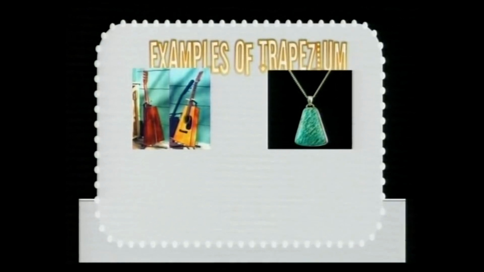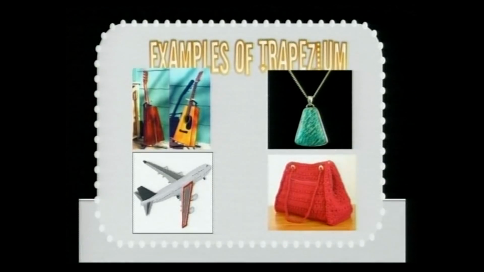Yes, wow, that is also the shape of a trapezium. And locket, how nice, no friends? Yes, the locket is a shape of a trapezium, and wings of aeroplane. It is also a shape of the trapezium, and also handbag. Yes, we like handbags. Some handbags are in the shape of a trapezium.